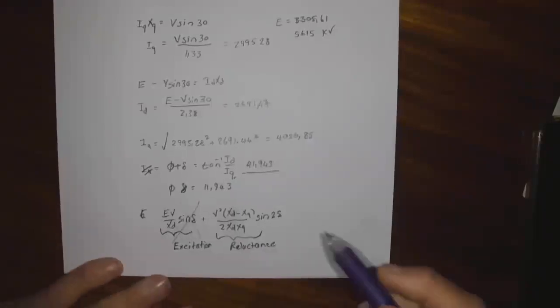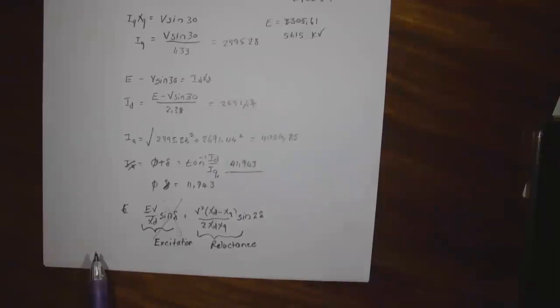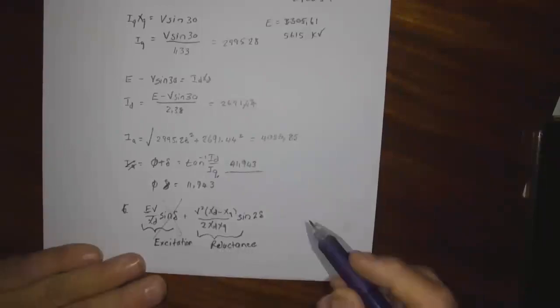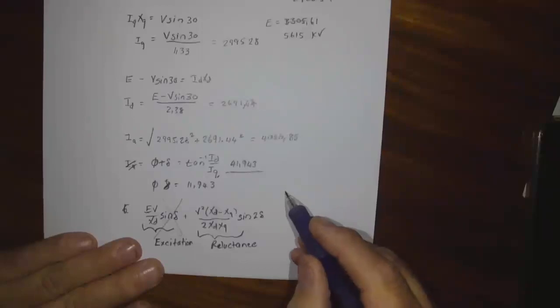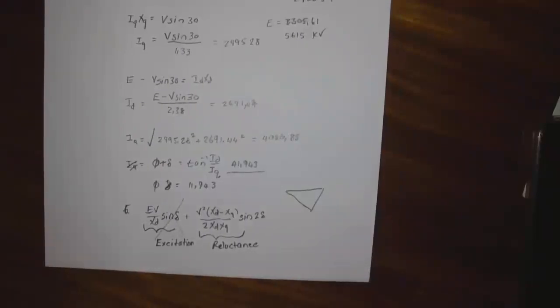The power factor is going to be at 45 degrees, so sine 2 delta is going to be 90. Great stuff. Any questions there?